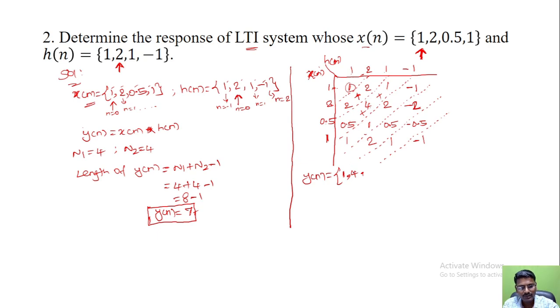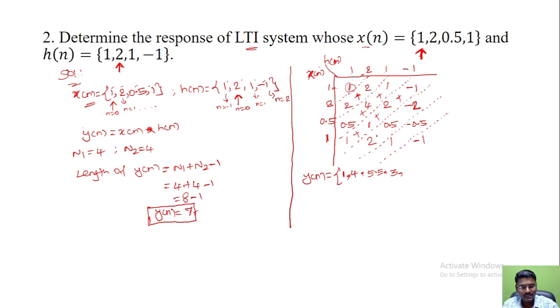So 5 plus 0.5, I'll get 5.5, comma. Next in this diagonal, 1 plus 1 is 2, 2 plus 2 is 4, 4 minus 1 which is 3, comma.